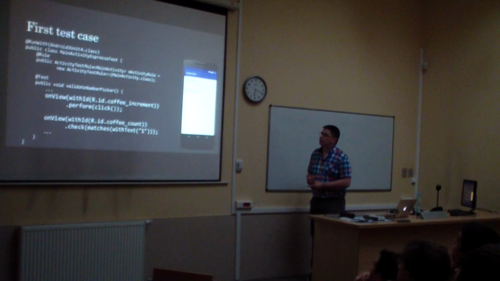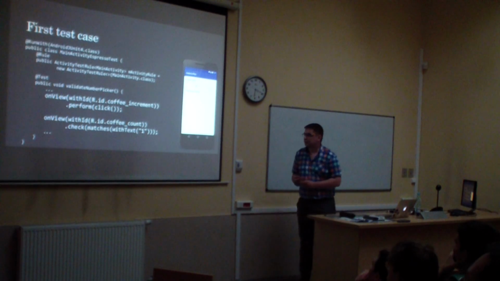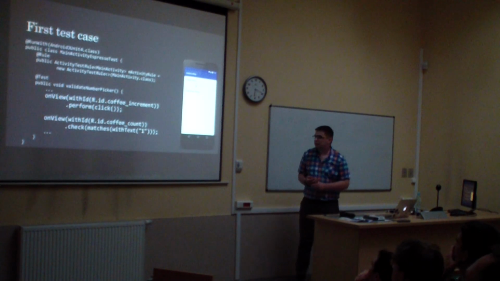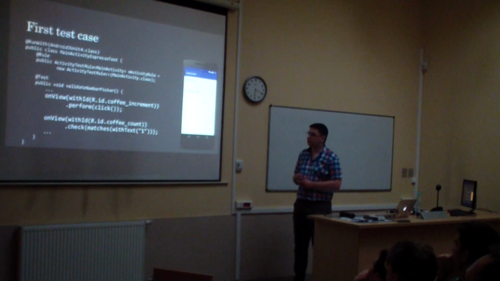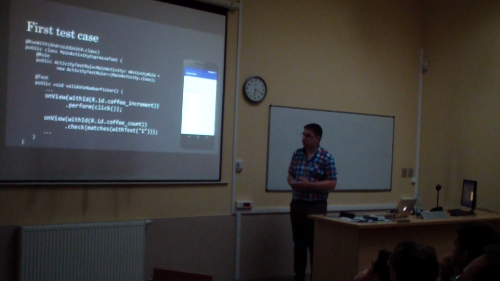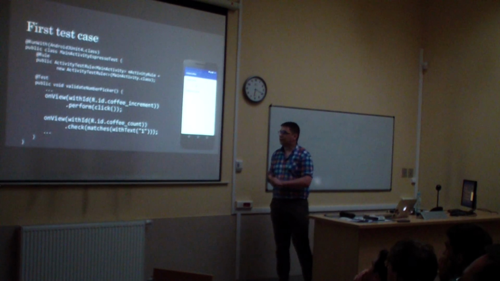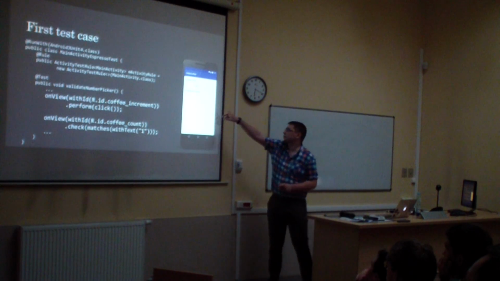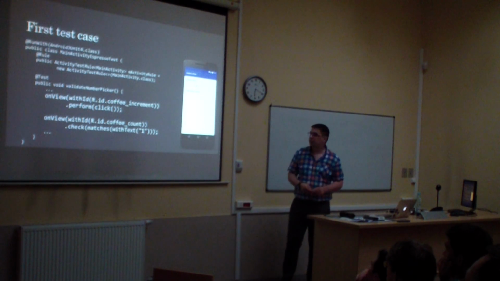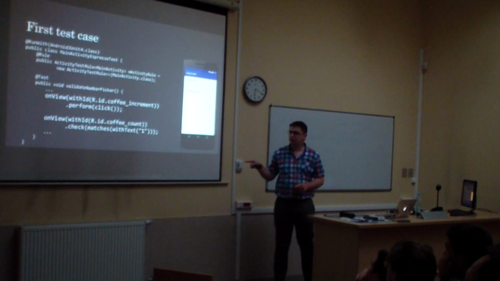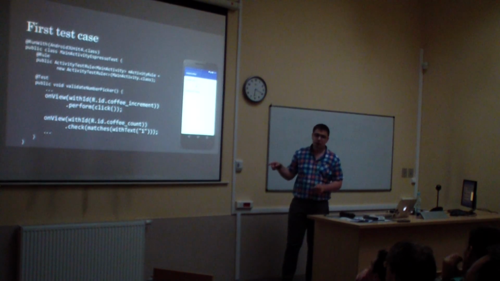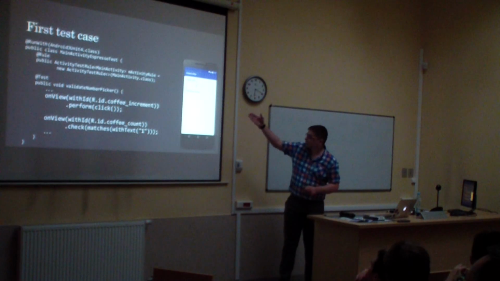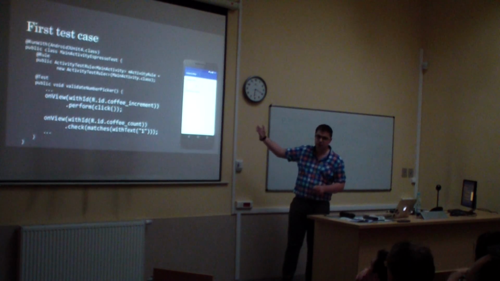And here is a really simple test. We use the onView method the first time to do a click on the plus button, and after it we use the same method for verification that, as an example, the number on screen is updated.